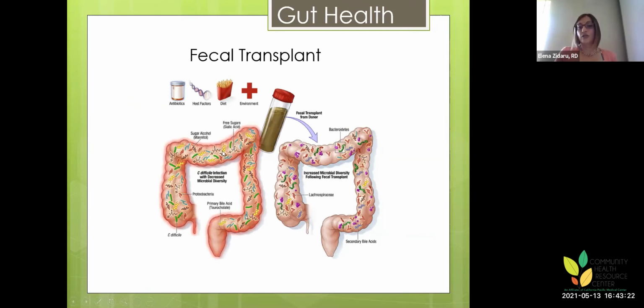So you kind of transfer the feces of a healthy individual to an individual that's sick. For example, with C. diff, it's been used very successfully when people get this bad form of C. diff infection, where the diarrhea is kind of uncontrollable, and you have somebody more immune compromised because of that, and they get those recurrent C. diff infections.